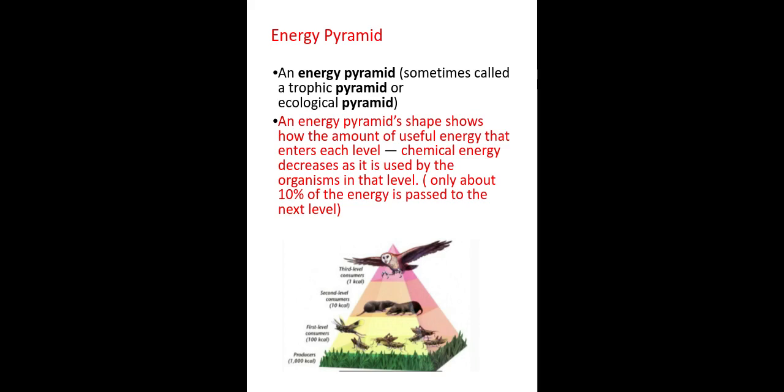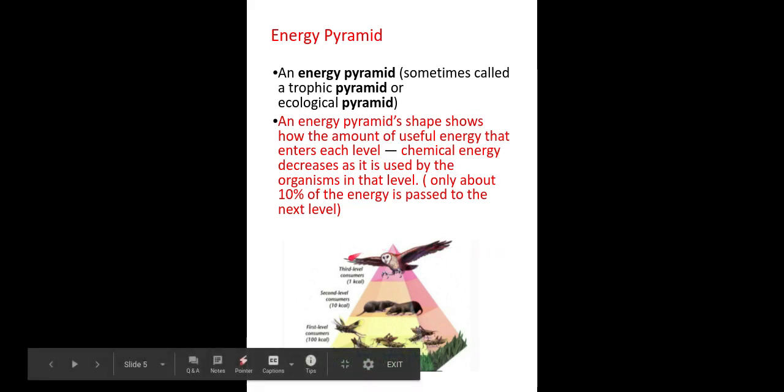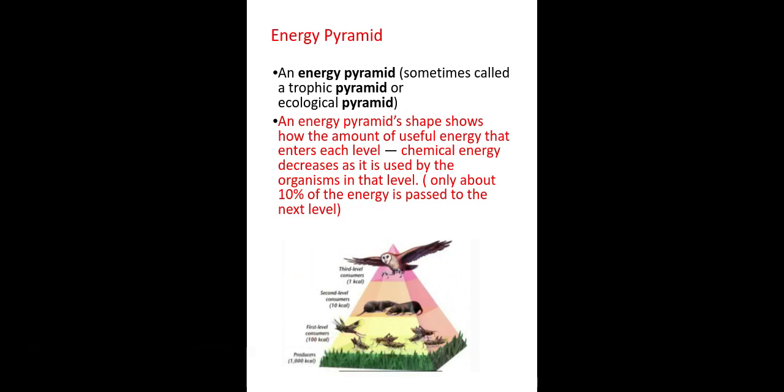So these primary consumers only get 10% of the original, right? What's 10% of 100? 10. So these secondary consumers only got 10% of what was here. Same thing for the third level. What's 10% of 10? 1. And that's how it says 1. Just know each level you only pass on about 10% each time.